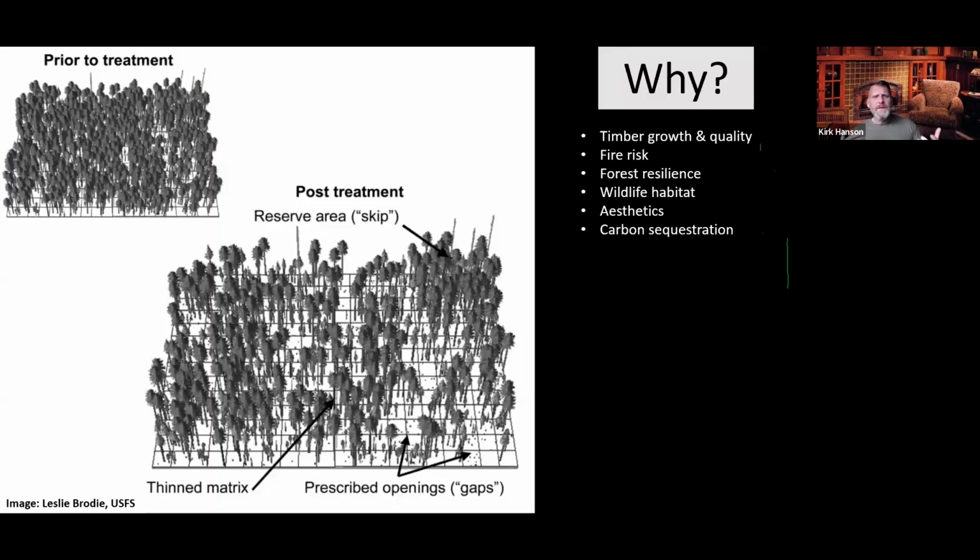So let's pivot a little bit and talk about why we should be thinking about thinning some of these stands that arguably are stocked at a very high density. And of course, it's always going to come down to the objectives of the landowner, which can vary widely. You may thin to improve timber growth and quality.